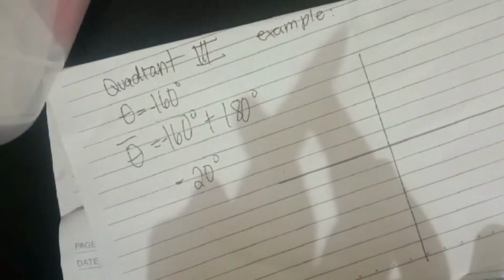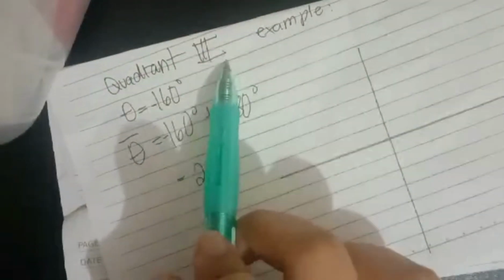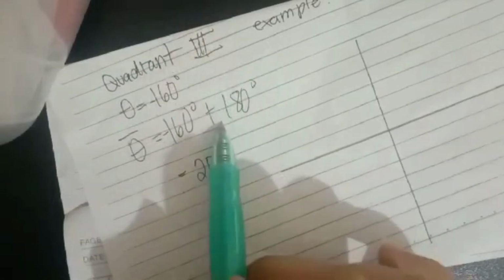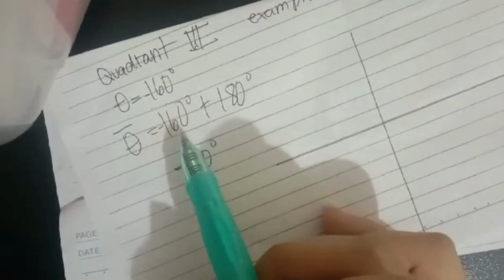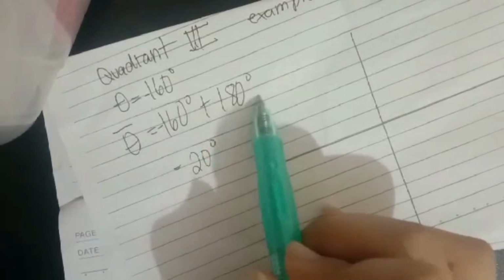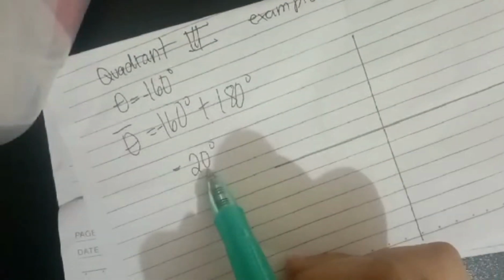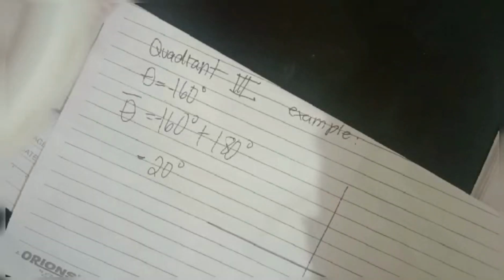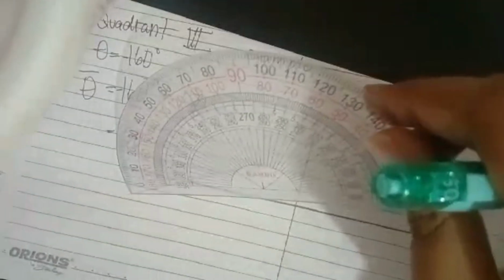In the example of quadrant 3, we have an angle of negative 160 degrees. To find the reference angle, we need to use the formula of quadrant 3 for negative. So, negative 160 degrees plus 180 degrees is equal to 20 degrees. Since our angle is negative 160 degrees, we need to turn our protractor upside down.